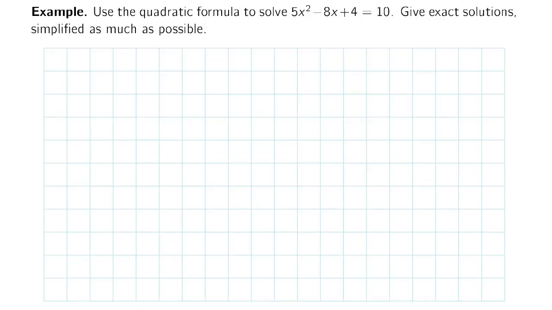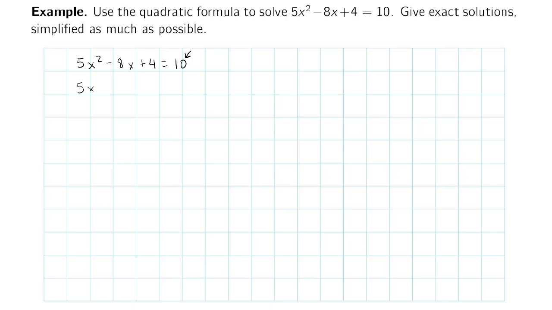We're going to solve the equation 5x squared minus 8x plus 4 equals 10. So I'm going to start out just copying that equation. I notice that this is not in standard form. This number here is not 0. So I'll start by subtracting 10 from both sides.